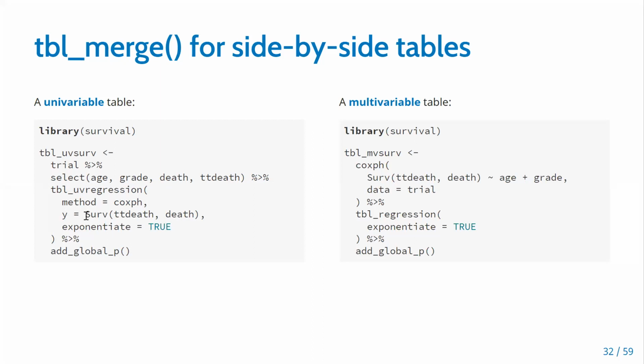Our Y, our outcome, is Surv time to death on the status of death, and exponentiate equals true to get our hazard ratio instead of a log hazard ratio. And we're going to once more use add global P. And then we have a similar model on the other side, but instead of it being a series of univariable regressions, it's a multivariable regression. We wanted to show those regression models side by side.